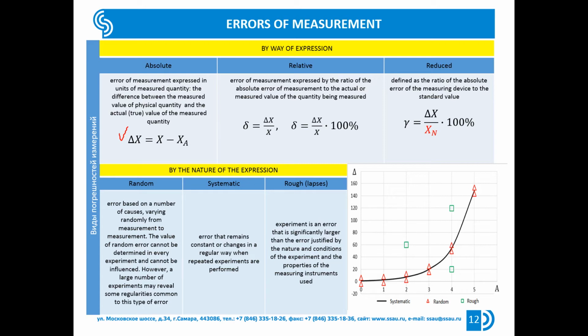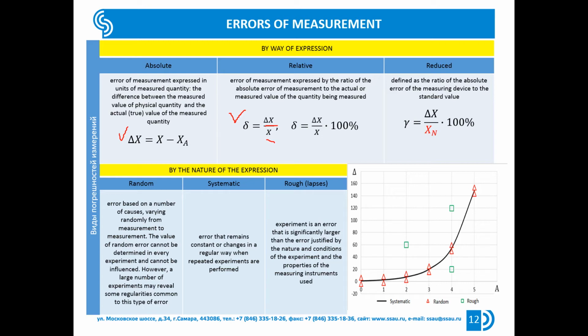Relative error of measurement is the error of measurement expressed by the ratio of the absolute error of measurement to the actual or measured value of the quantity being measured. Relative error in fractions or percent is found from the ratio, where delta x is the absolute error of measurement, and x is the actual or measured value of the quantity.